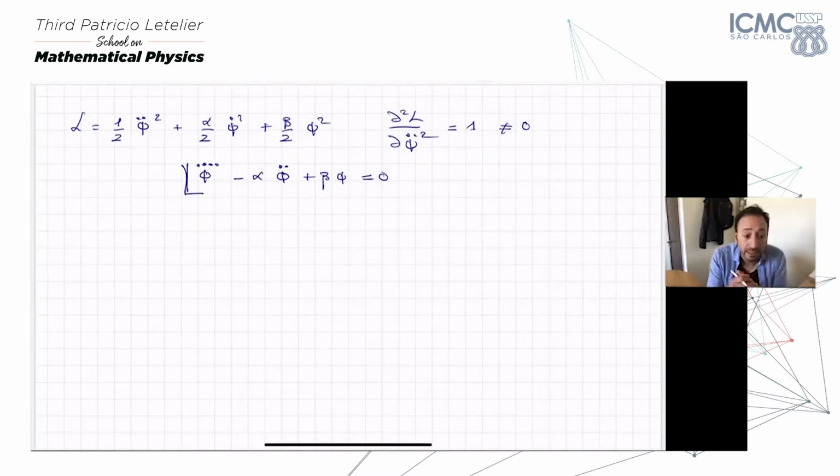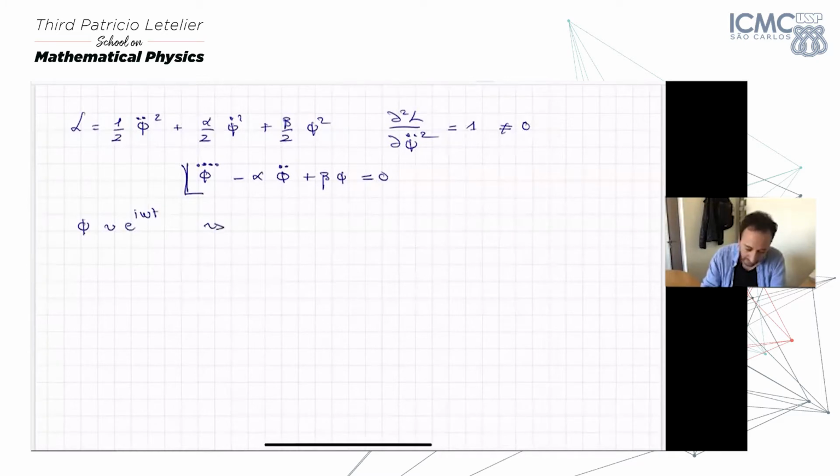This is a completely free theory. It is a linear theory, a linear equation. There are no nonlinear terms, so there is no coupling, etc. What we can look for are solutions of the following form: exponential of i omega t.